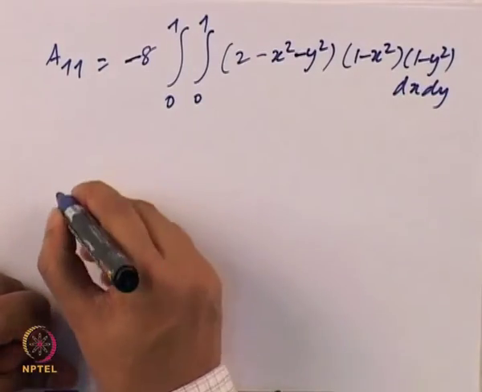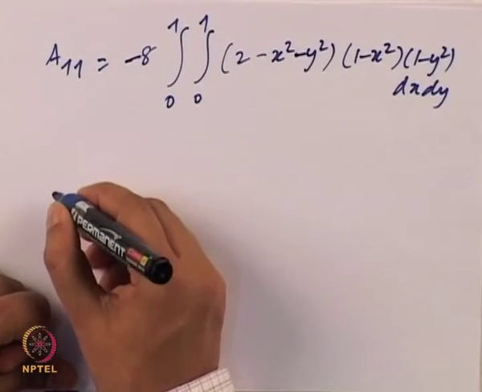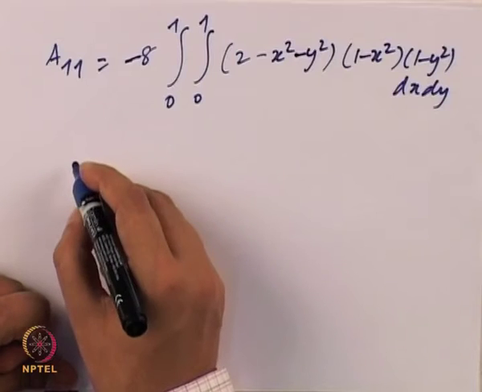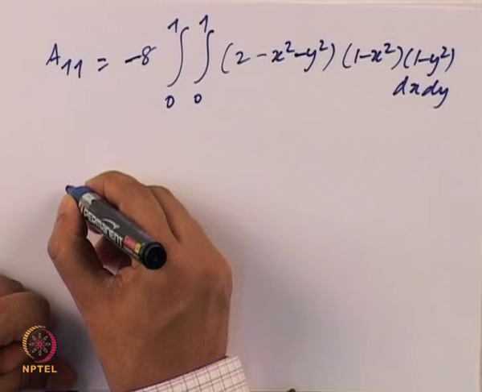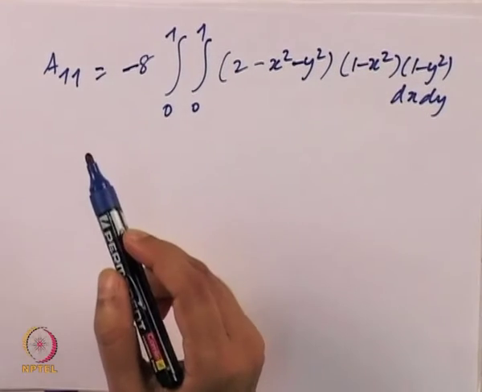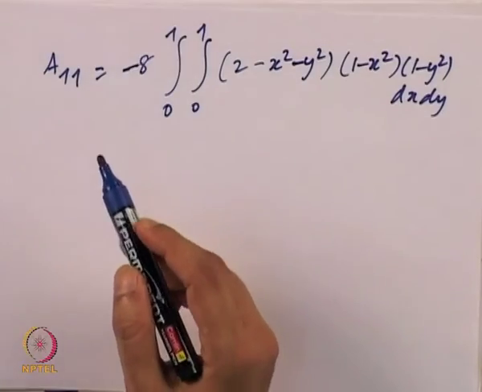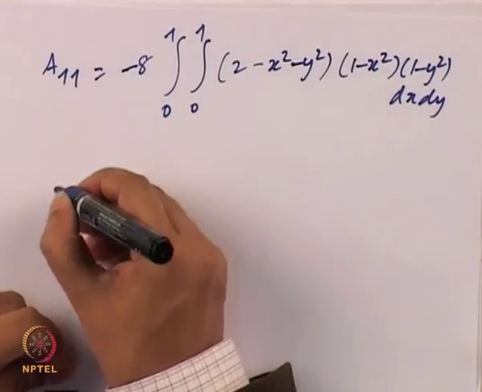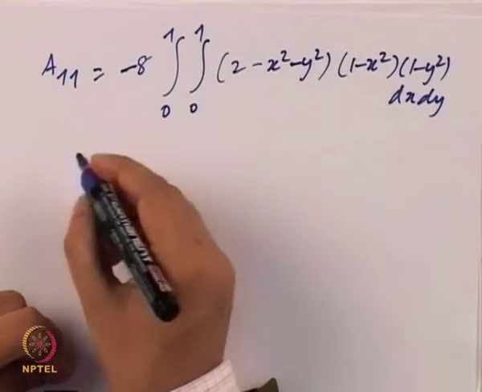The second one will be the right hand side. So this is the first coefficient that we are computing, A11, and we will also have the first term on the right hand side.